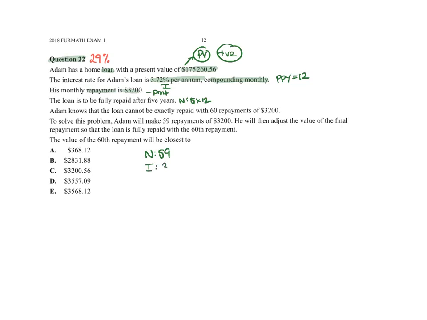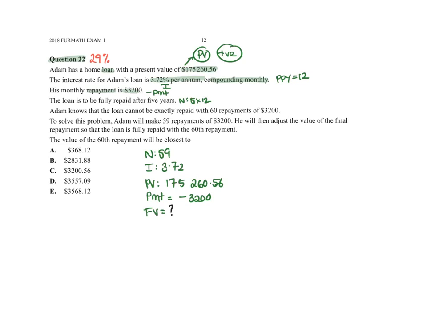We're going to put in the interest rate. This is into Finance Solver. PV was positive, so 175,260.56. Payments are negative because he's giving the bank that money back. FV is what I actually want to know, because I want to know how much he still owes after 59.